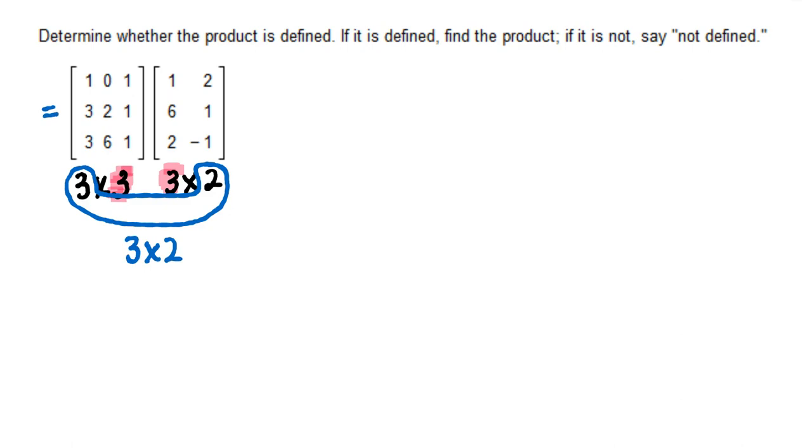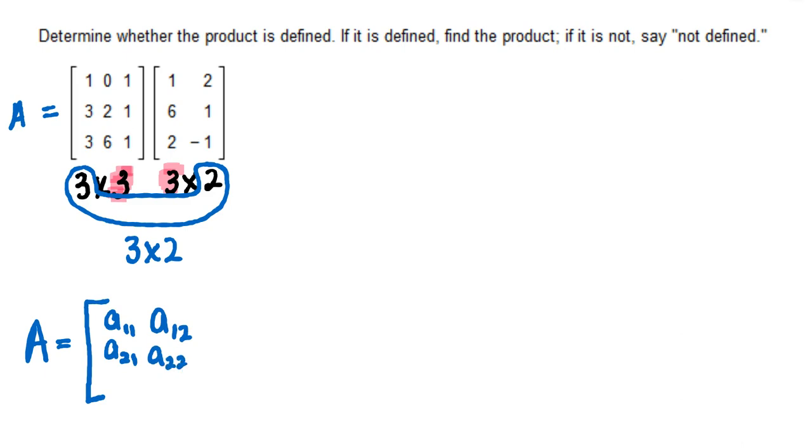So let's call this matrix A. For matrix A, it has 3 rows and 2 columns. So it will have entries A11, A12, A21, A22, A31, and A32.